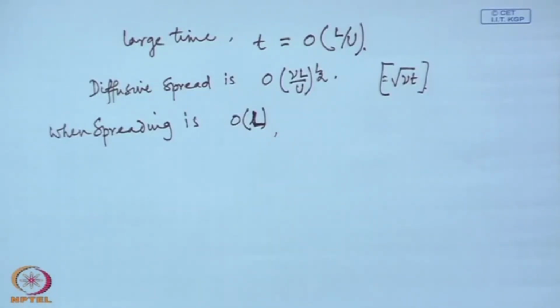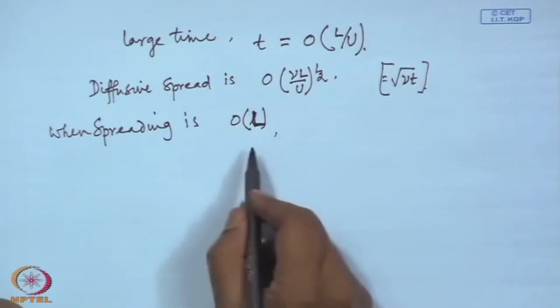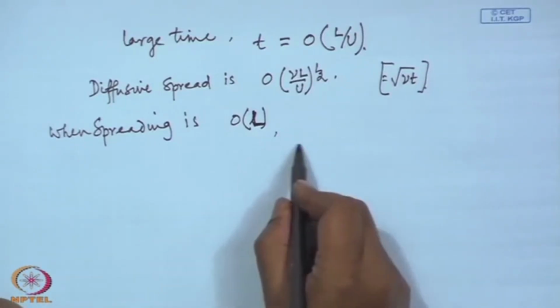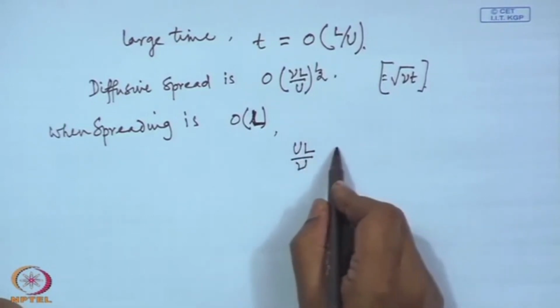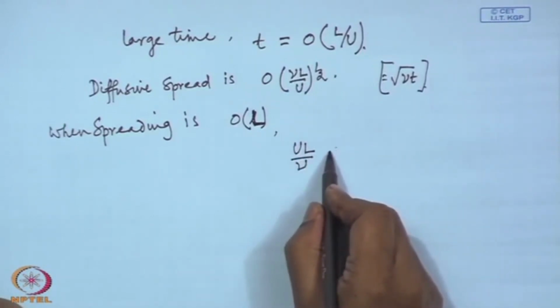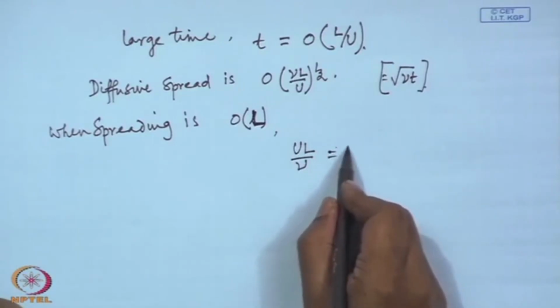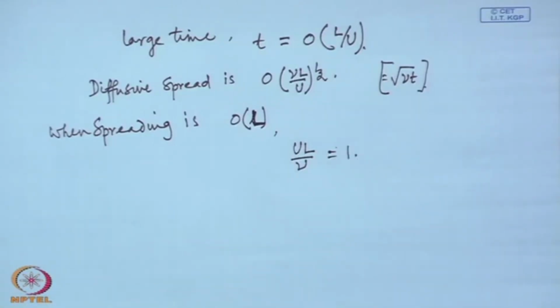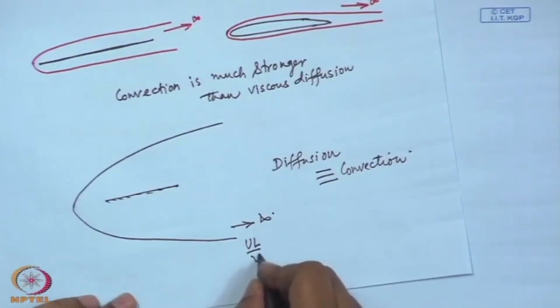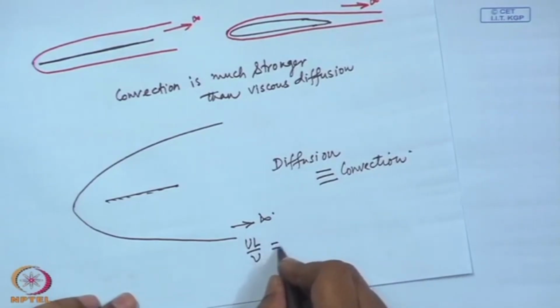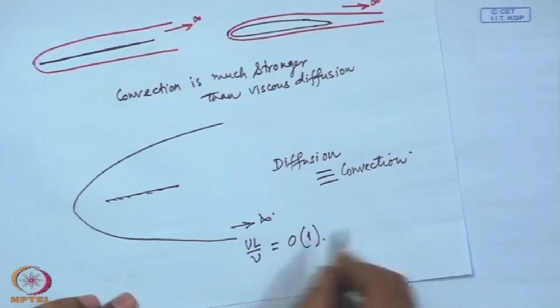What do we get from here? U L by nu is of the order of 1. So, this condition is U L by nu of the order of 1.